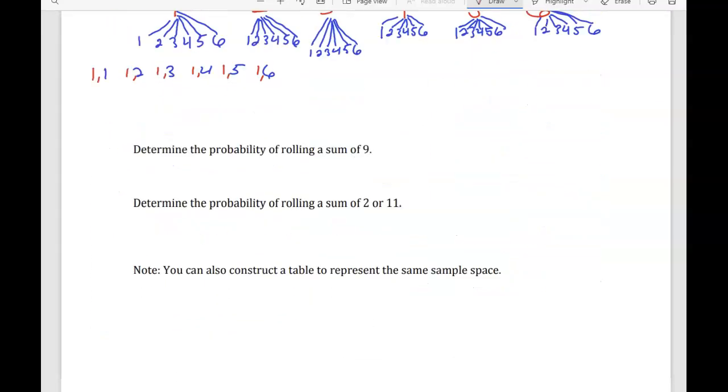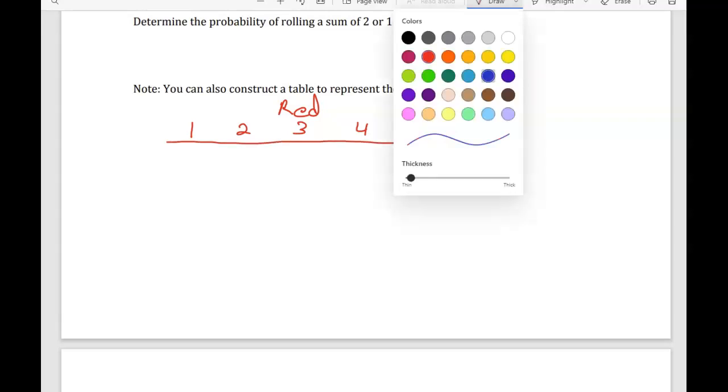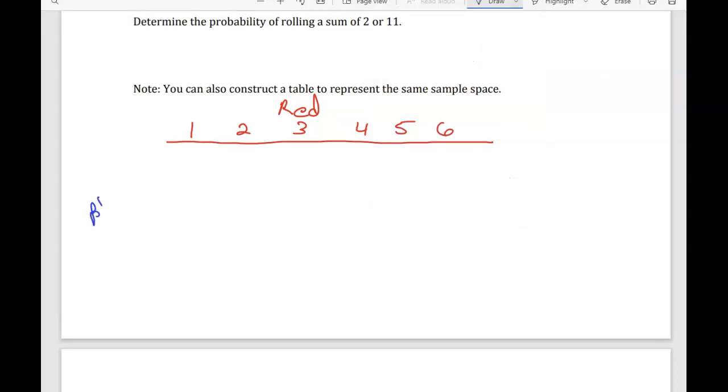Another way to look at this is we can do a table. If we think about our red die, we have the numbers 1, 2, 3, 4, 5, and 6. And then we think about the blue die, and we can get 1, 2, 3, 4, 5, and 6.